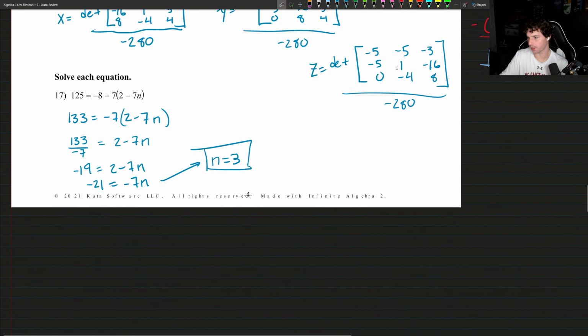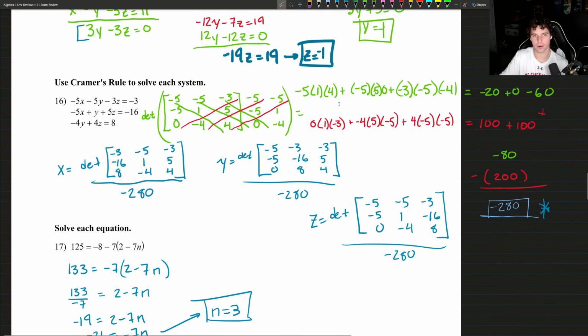For 16, we don't have to plug all that stuff into our calculator. Again, you can use it to check, and I highly recommend doing that. But in terms of showing work, this is all I want you to show. Again, I would encourage you to if you have time. But if you're able to set this up, at least somewhat correctly, and by somewhat I mean mostly, you're going to get most of the points.